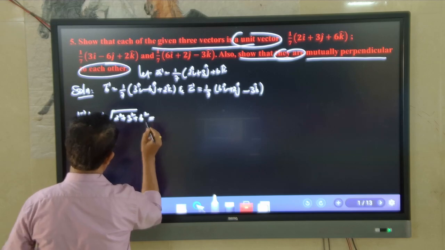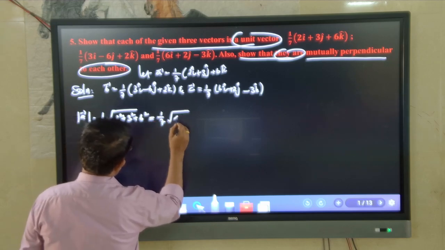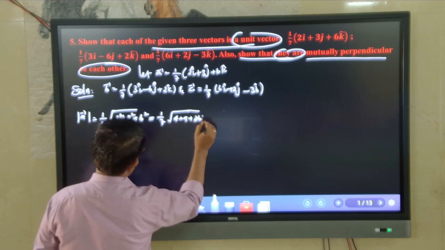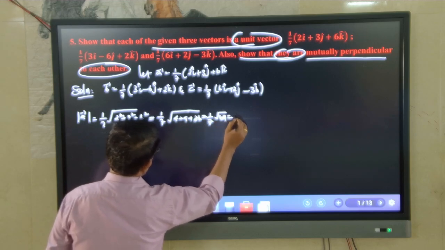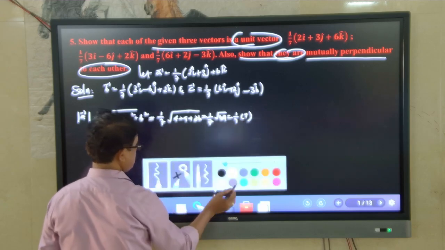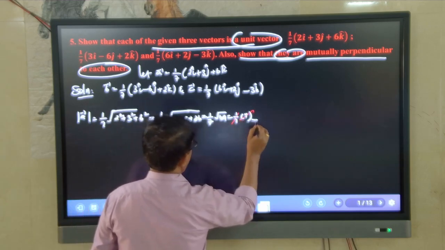That is equal to 1 by 7 into the square root of 4 plus 9 plus 36, isn't it? 1 by 7 into square root of 49, that is equal to 1 by 7 into 7. That cancels. What is the answer? Equal to 1.